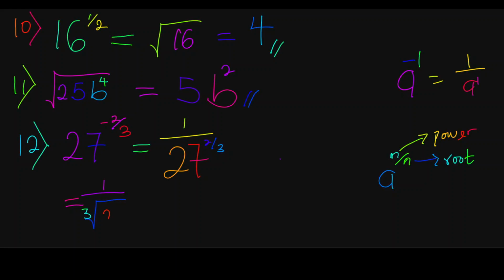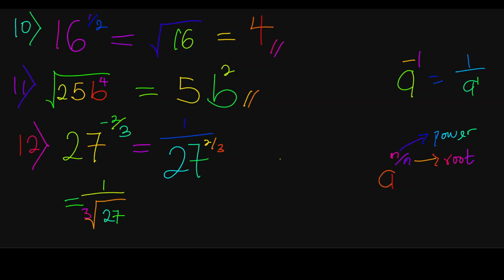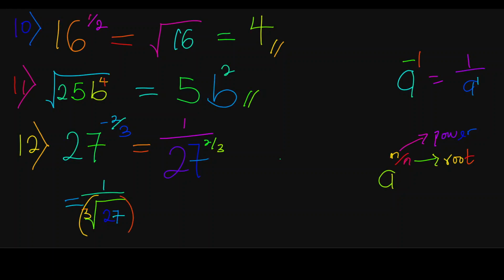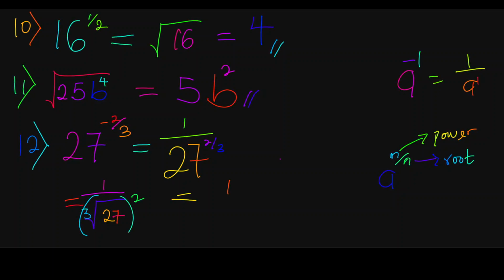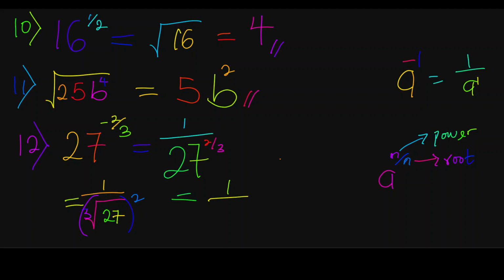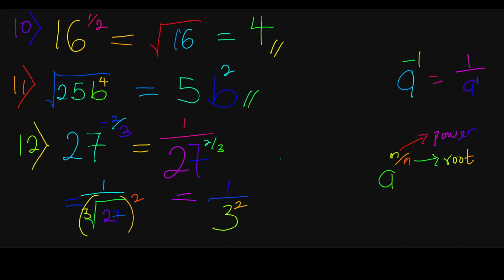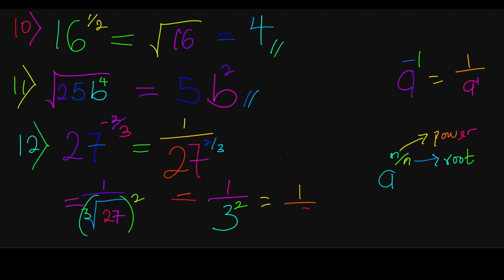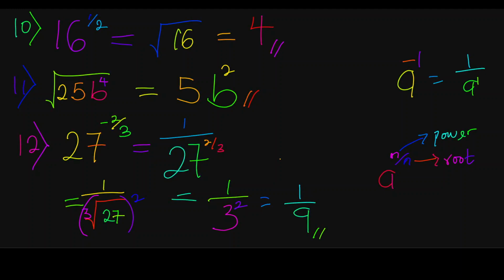So cube root of 27, everything raised to the power of 2, because the numerator is 2. So it's going to give us 1 over, the cube root of 27 is 3. So 3 raised to the power of 2. And the final answer is 1 over 9. And this is how you progress. Next example.